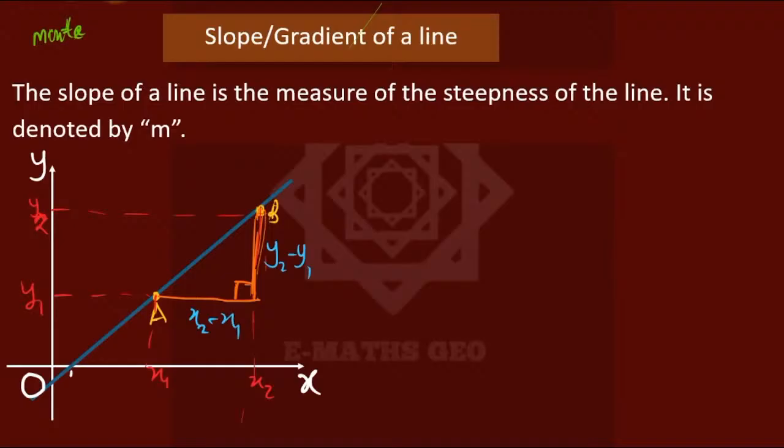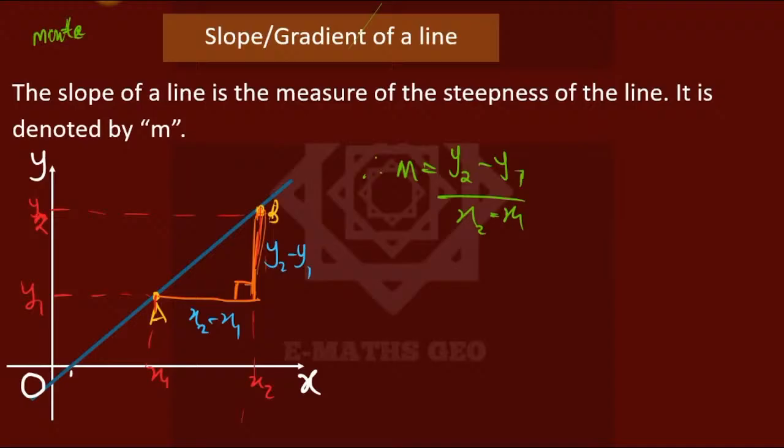So we are saying that slope is the measure of the steepness, that is, m is always (y2 minus y1) over (x2 minus x1). That's the mathematical definition. Whenever you are asked to find the slope, you need 2 points to get the slope of a particular line.